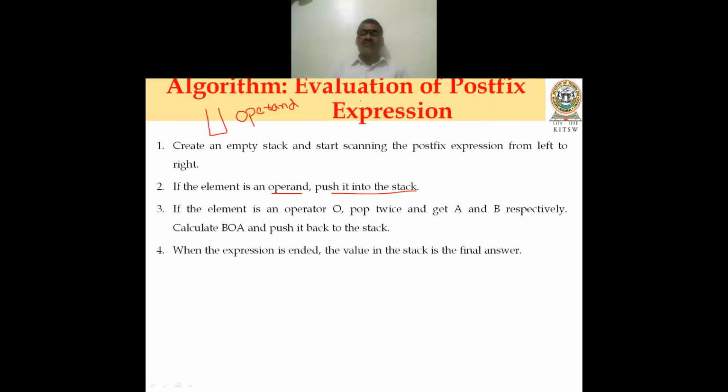Whereas in the conversion of infix to postfix, we are using an operator stack. So if the scanned element is an operand, we push that operand into the stack.